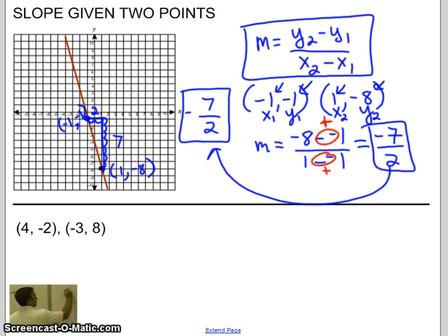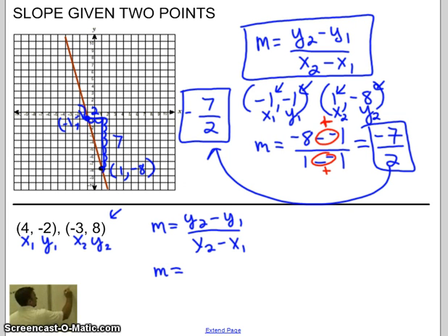Let's try that again without a picture. We have 4, negative 2, and negative 3, 8. So we have our x coordinates and our y coordinates. We have our first point, we have our second point. We're going to sub it into this formula to determine the slope of our line given these 2 points.